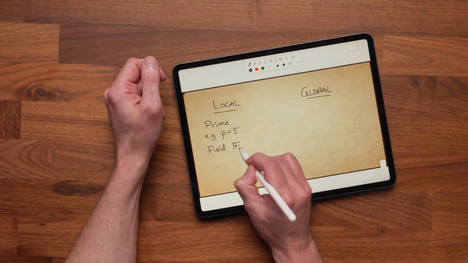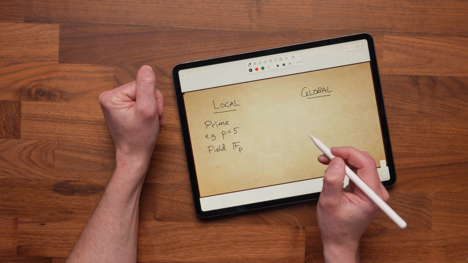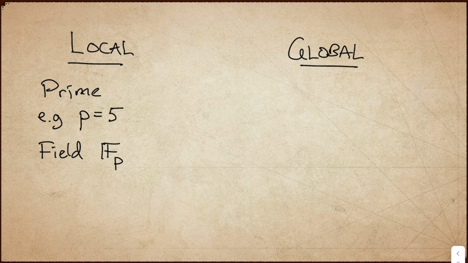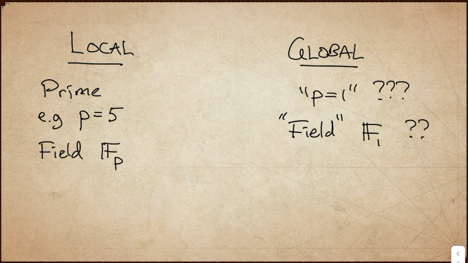So by analogy, in the local case, the zeta function comes from geometry over a field with, say, 5 elements. It looks like the global case should come from a field with one element, even if that makes no sense.